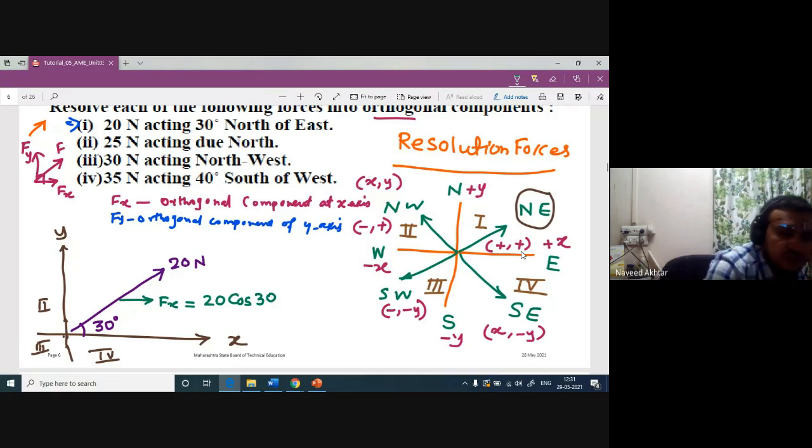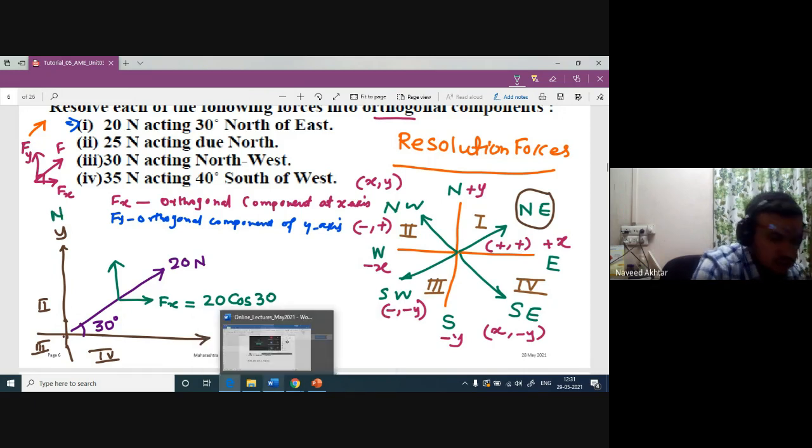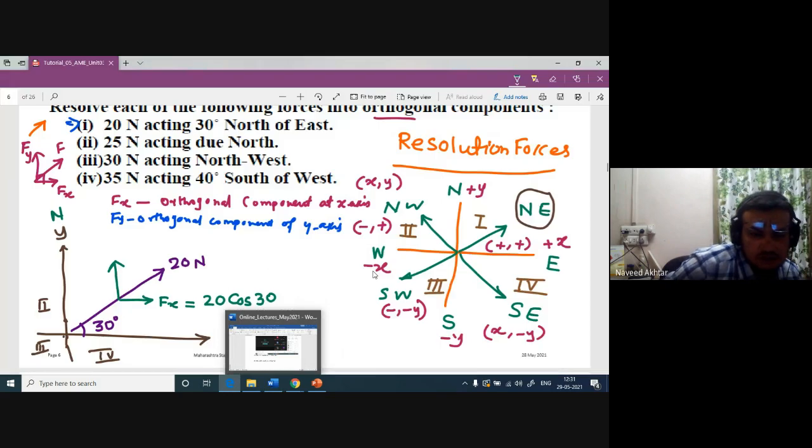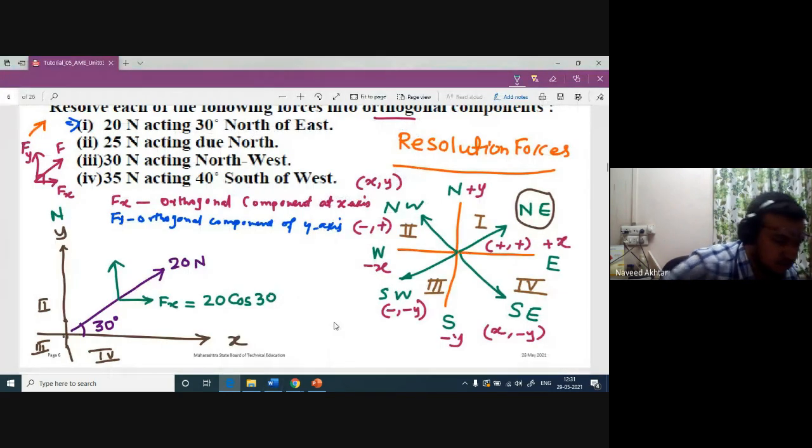And if you resolve it on the orthogonal component vertically, that is in y direction, north direction, you can say this is our north direction, and this is our east direction. What will be the Fy?